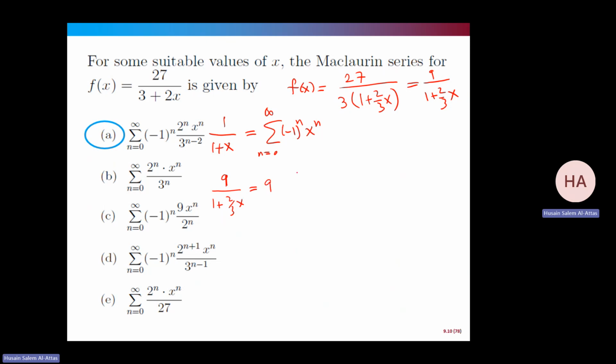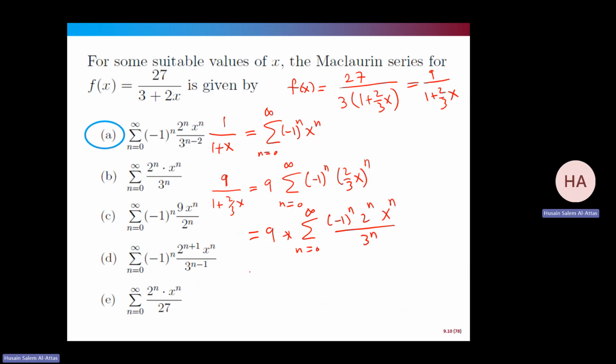That will be 9, the summation. Then I multiply the 9 inside. Summation of what? Instead of x, I'll write 2 over 3x, all to the power n. So that will be 9 times summation n equals 0 to infinity, minus 1 to the power n, 2 to the power n, x to the power n, over 3 to the power n.